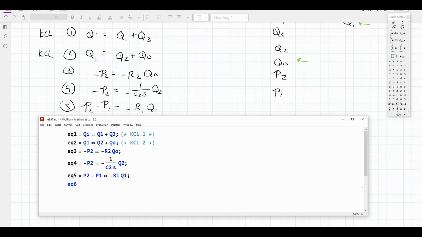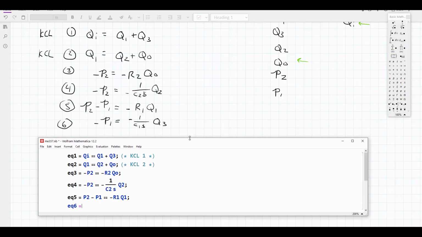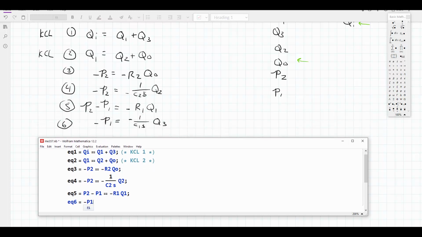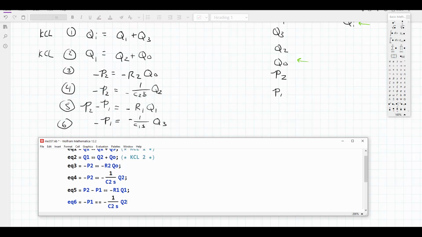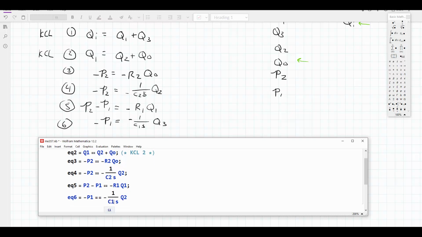And I had that sixth equation in this example, a negative P1 equals, and again, I don't feel like typing all of this again, so I'll just copy it down here and change it as needed, C1, and this is actually Q3 now. Negative P1, 1 over C1S, Q3.